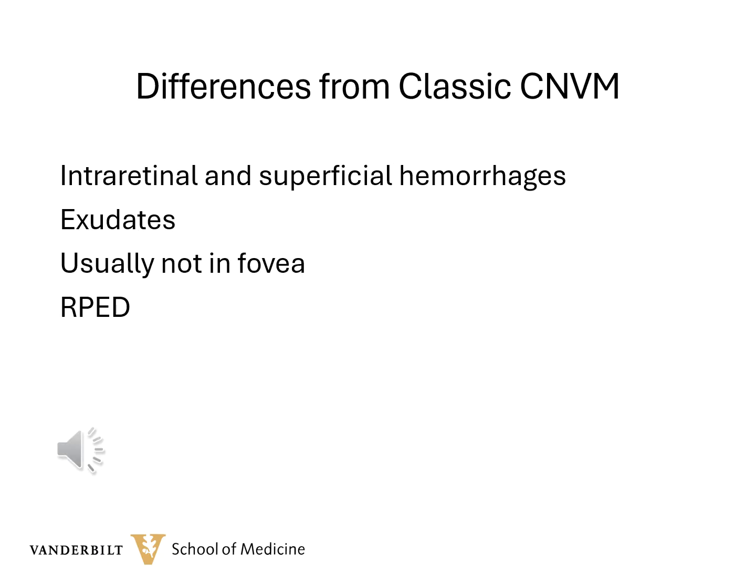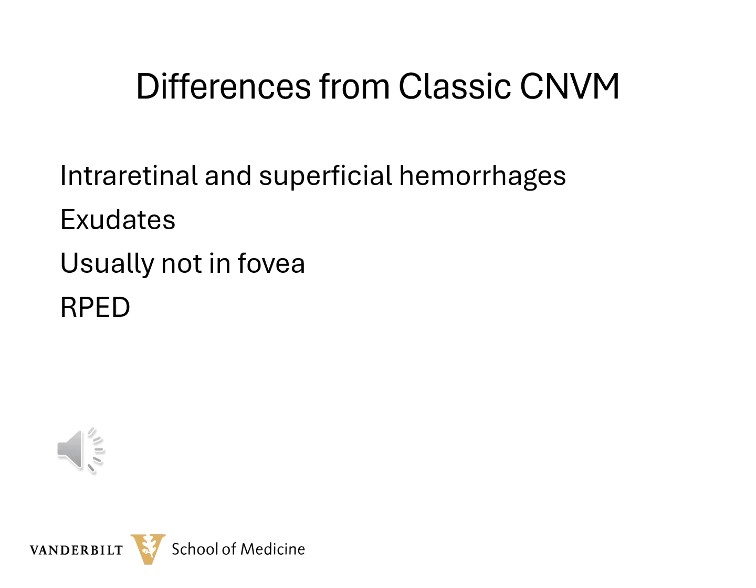There are specific differences between a RAP lesion and a classic choroidal neovascular membrane. With the type 3 choroidal neovascular membrane, there are intraretinal and superficial hemorrhages. With the neovascular macular degeneration, they tend to be subretinal.